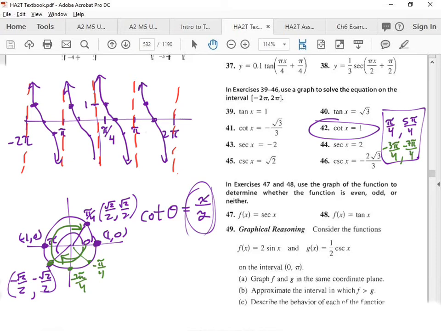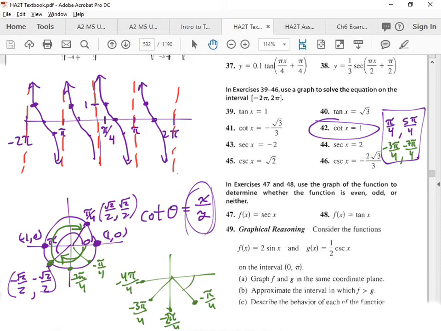So the question was, why is it negative 7 pi over 4 and not negative 6 pi over 4? When we're counting by 4s, this halfway point is 1. If I divide this into 4 spaces, this would be negative pi over 4, this negative 2 pi over 4, this negative 3 pi over 4, and then negative 4 pi over 4, which is 1 pi.